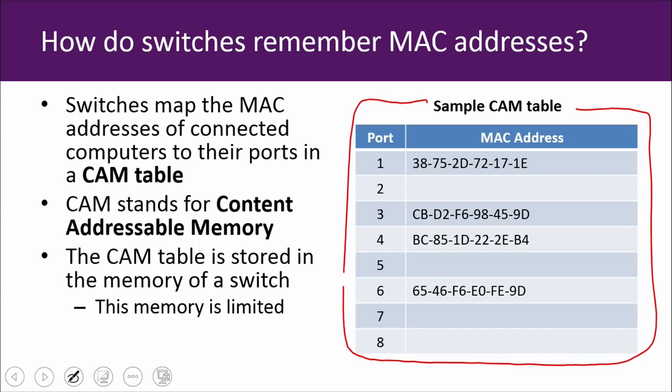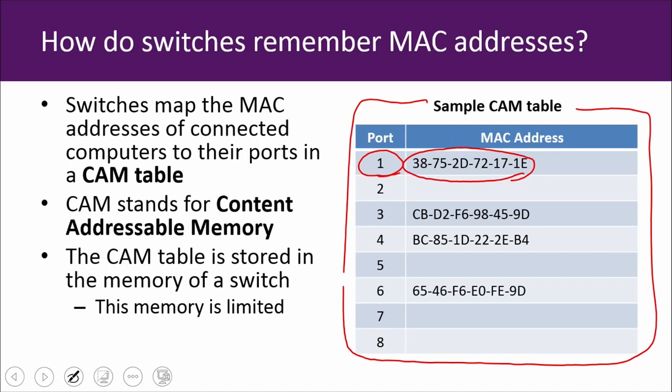And note that if you have port 1, you're going to see that this MAC address right there is associated with it, and so on. Okay. The memory of a CAM table, though, is limited. There's communication that occurs between a laptop or a PC and the switch that it happens to be connected to, where each device is going to send its MAC address onto the switch.